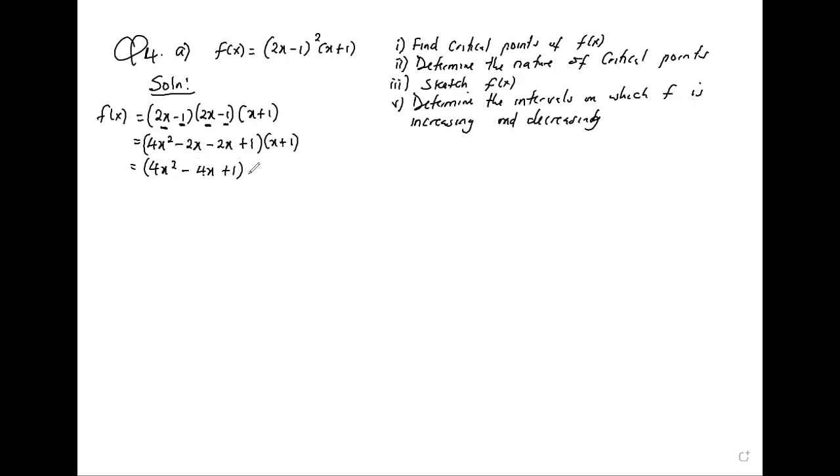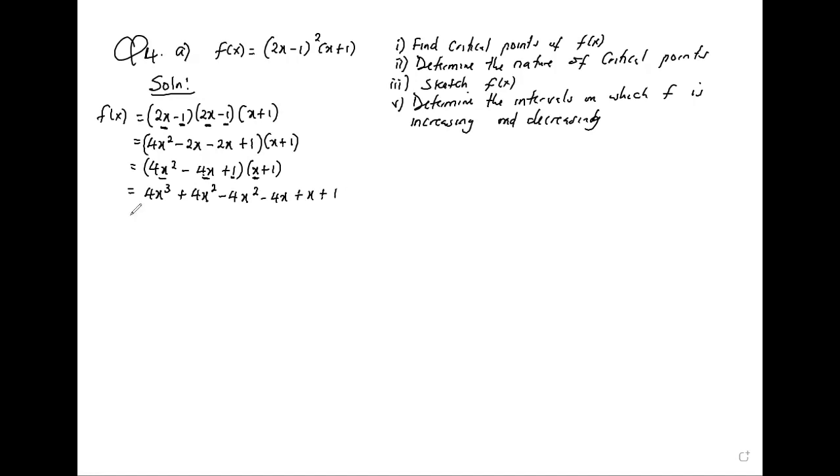And now we multiply by x plus 1. So 4x squared times x, we get 4x to the power 3, plus 4x squared. Minus 4x times x, we get minus 4x squared, minus 4x. 1 times x, we get x. 1 times 1, we get 1.